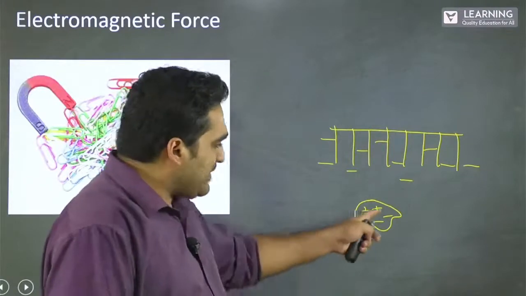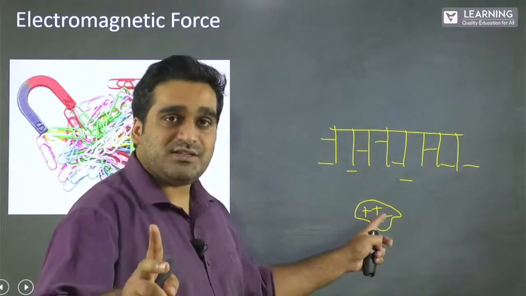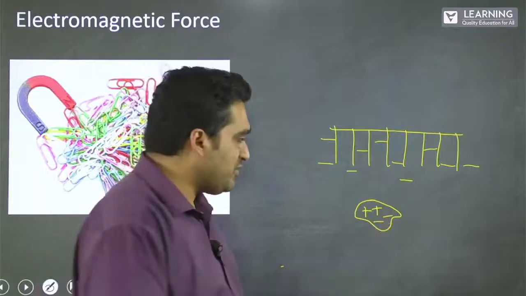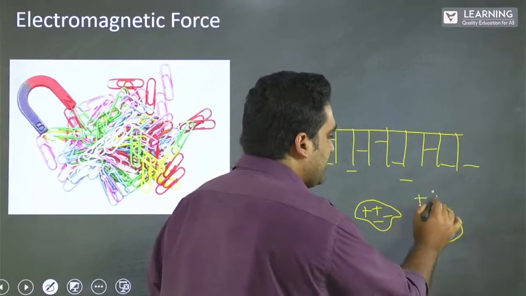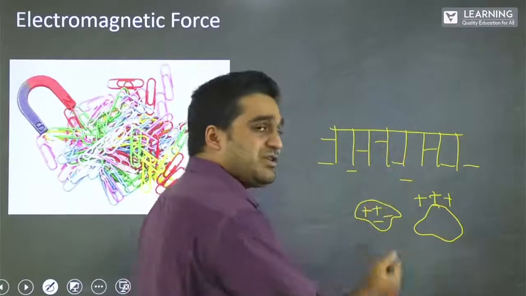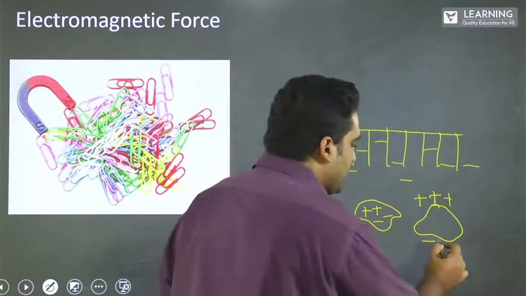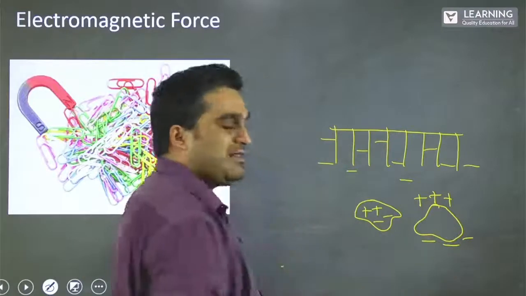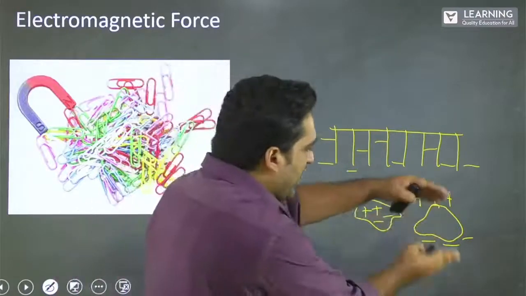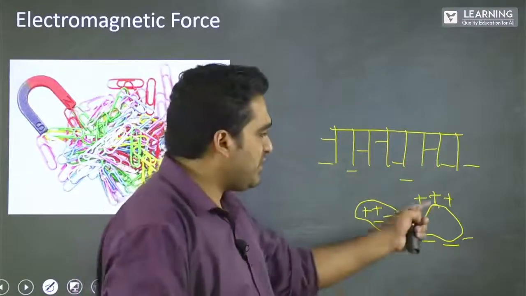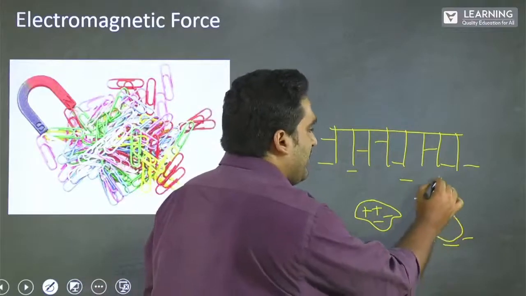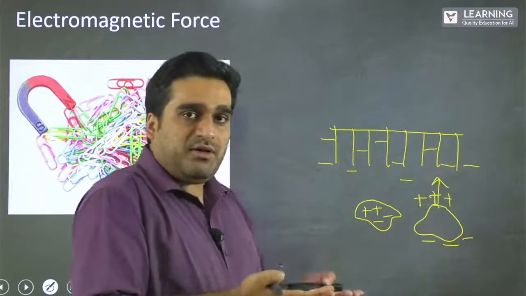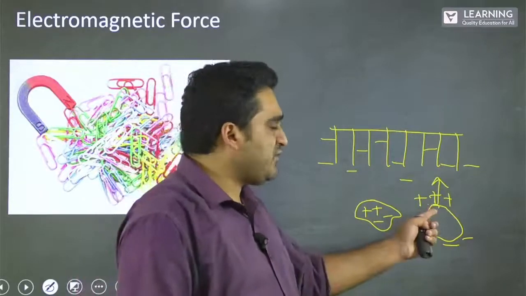Therefore, bits of paper contain both the charges, negative as well as positive. So what happens is all the positive charges get aligned in one direction, and all the negative charges get repelled in the other direction. Due to the charge separation that takes place, these positive charges will try to lift the paper up because it causes a force.